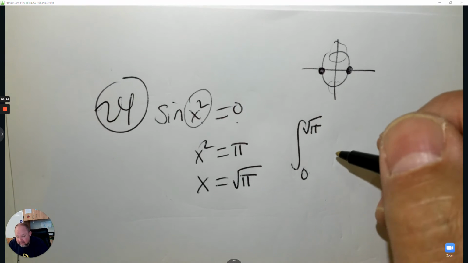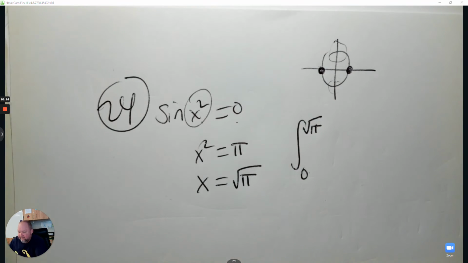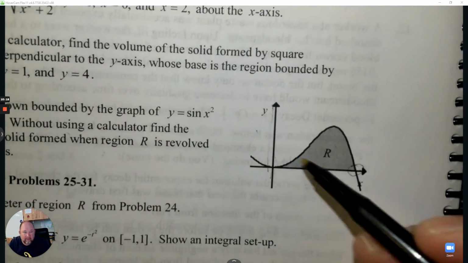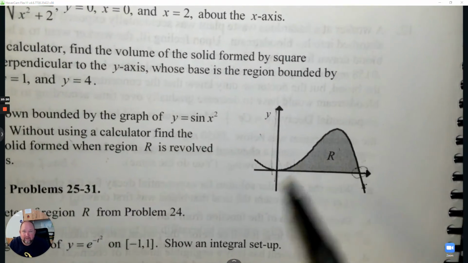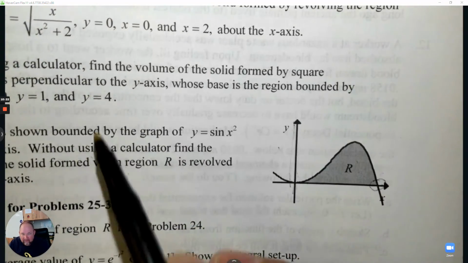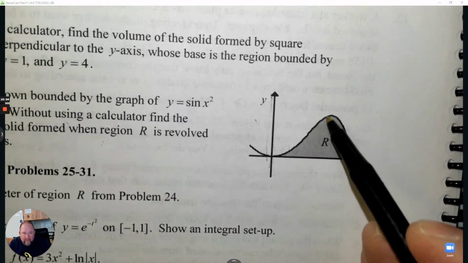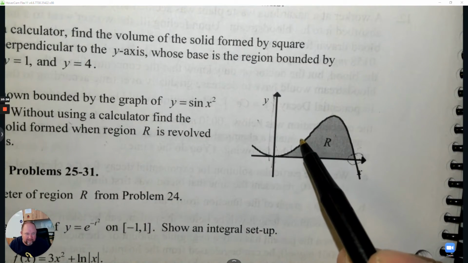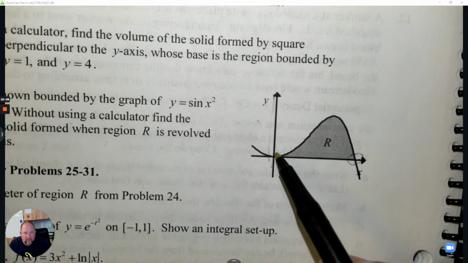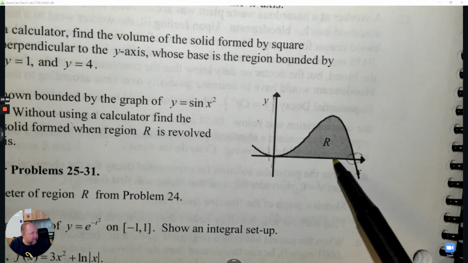I'm revolving this around the y, so to solve for x, to change this equation around, we have to do the shell method to make it easier. So the radius is going to be the x coordinate.